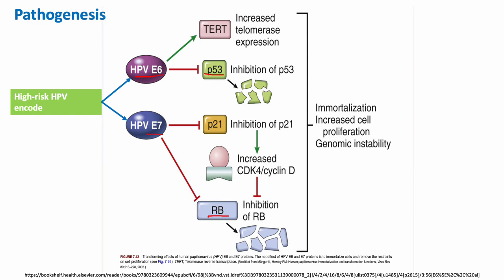Those two genes, when inhibited, promote cell proliferation and suppress apoptosis, or programmed cell death. Increased cell proliferation and immortalization of the infected cells will lead to tumor development, either as carcinoma in situ, intraepithelial lesion, or frank invasive carcinoma.